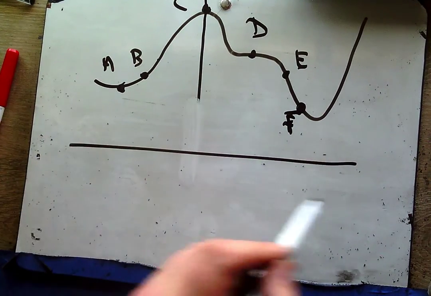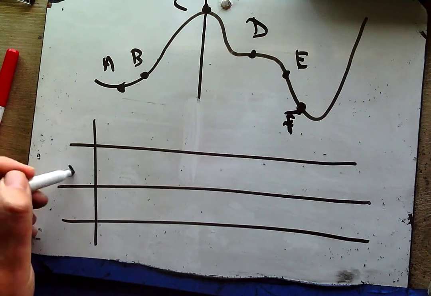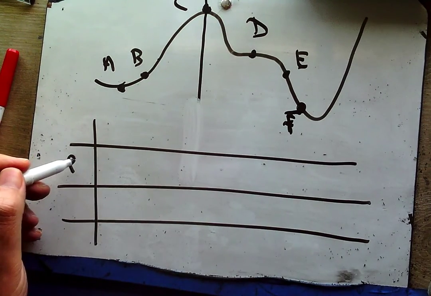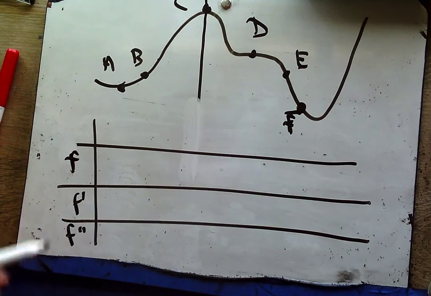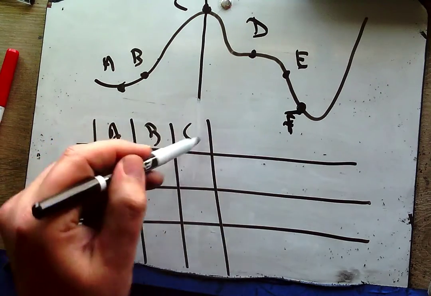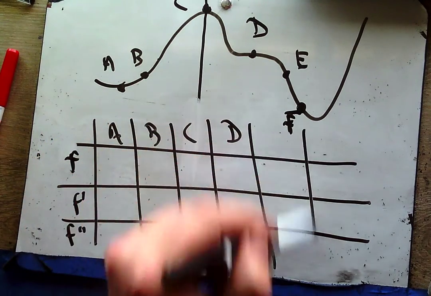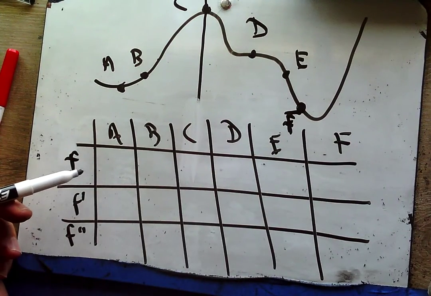So as soon as I read that question, I say, yeah, I'm going to go to the graphic organizer. We need f, we need f prime, we need f double prime. At A, at B, at C, at D, at E, and at F. So, where's my y-axis?